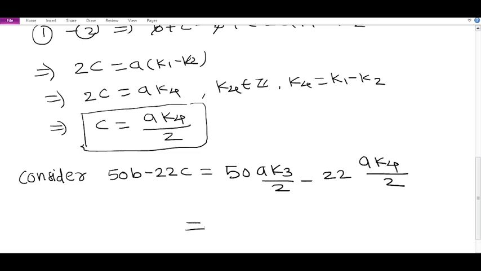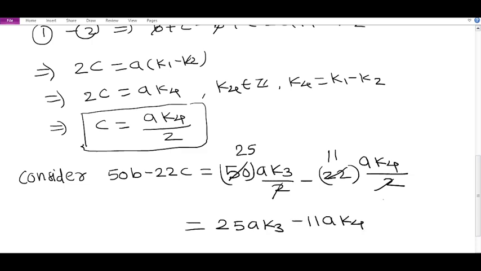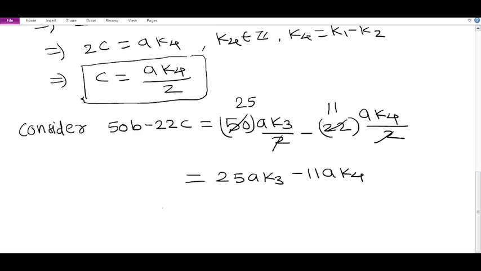From this, if you simplify, if you divide 50 by 2, you will get 25, and if you divide 22 by 2, we get 11. So 25 a k3 minus 11 a k4. Now from this we can take a outside, and inside the bracket 25 k3 minus 11 k4.